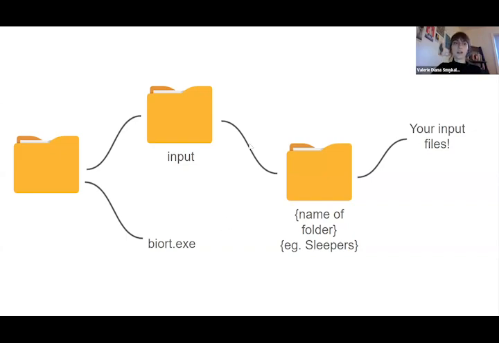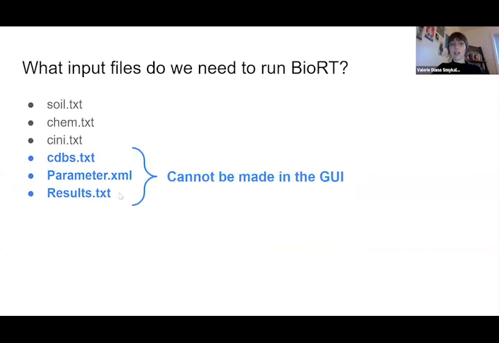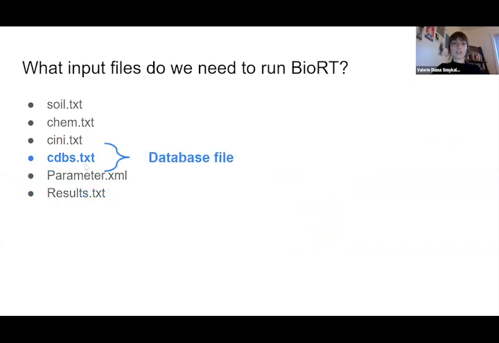But basically, you need these 6 files to run BioRT, and you need these 3 files to run the graphical user interface. And the reason for that is you can't make any of these files in the GUI itself. This database file is super large and it contains information on all of your species.